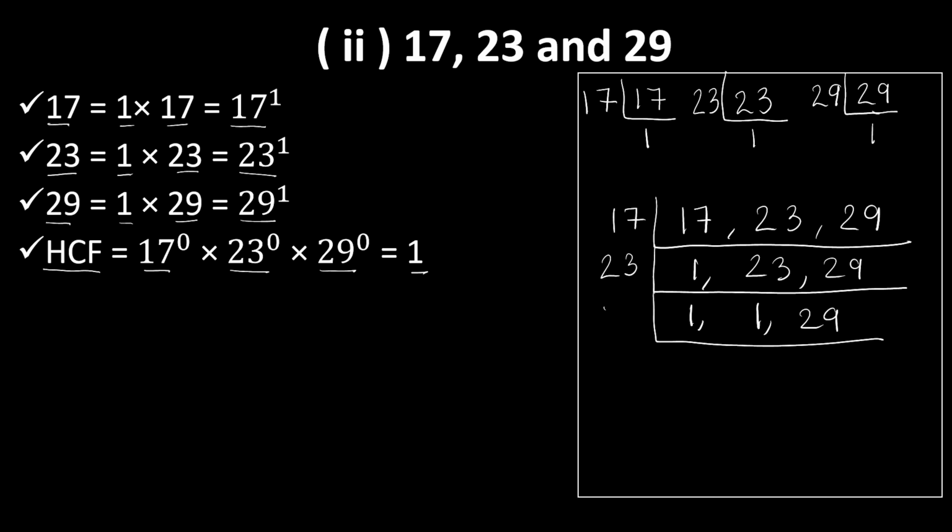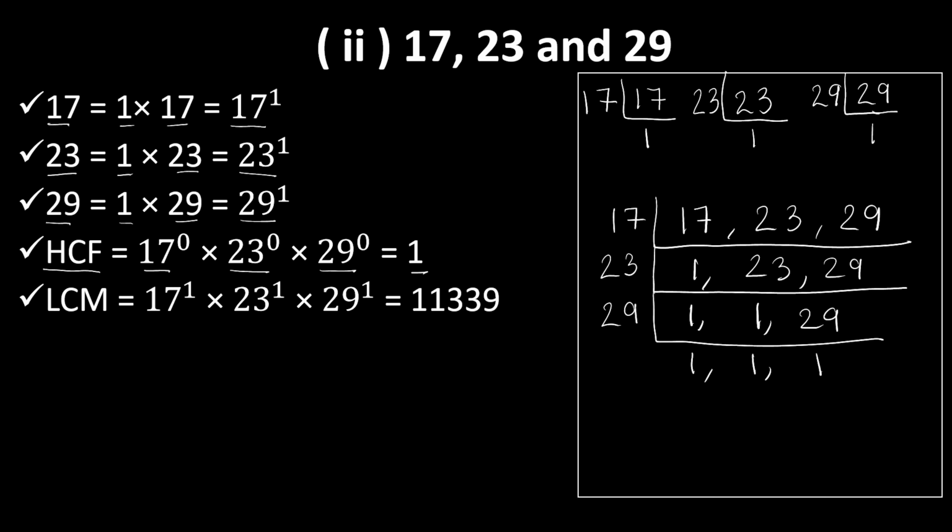Finally, we divide with 29, and we get 1, 1 and 1. So finally, LCM is equal to 17 raised to 1 into 23 raised to 1 into 29 raised to 1. The product of these three numbers, 17, 23 and 29, will give us 11,339.